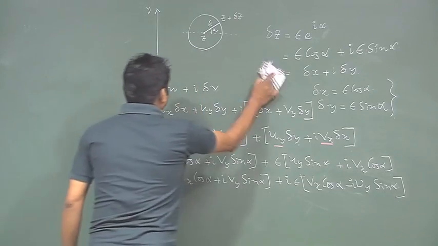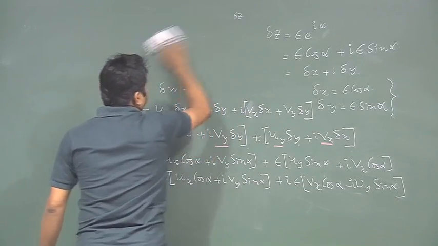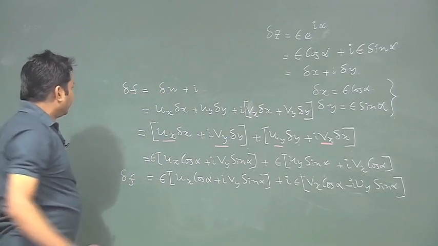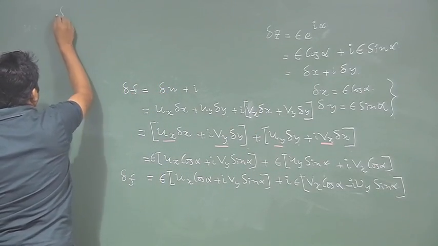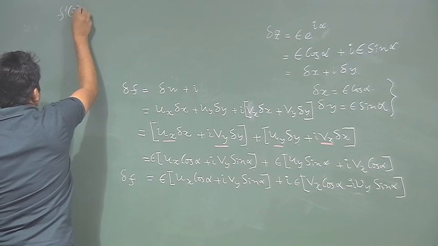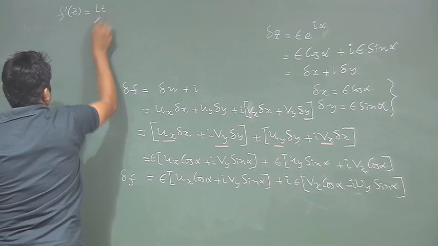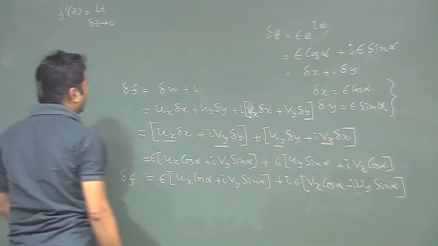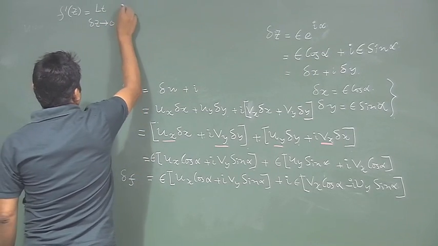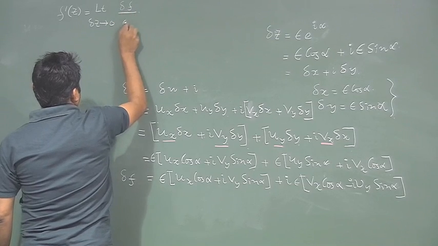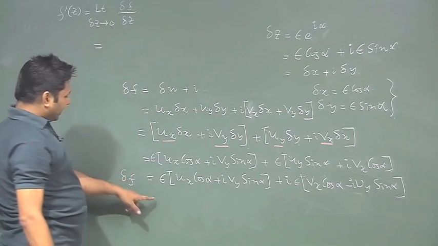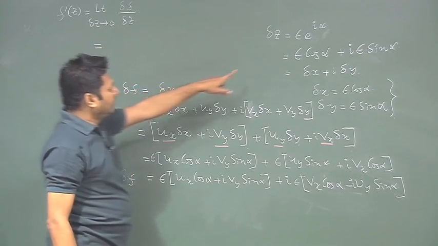Now, let me erase this, I do not have space on the board to go down. So, what is my derivative of this quantity? The limit as delta z tends to 0 of delta f by delta z. Delta f I figured out, and delta z is also given here.